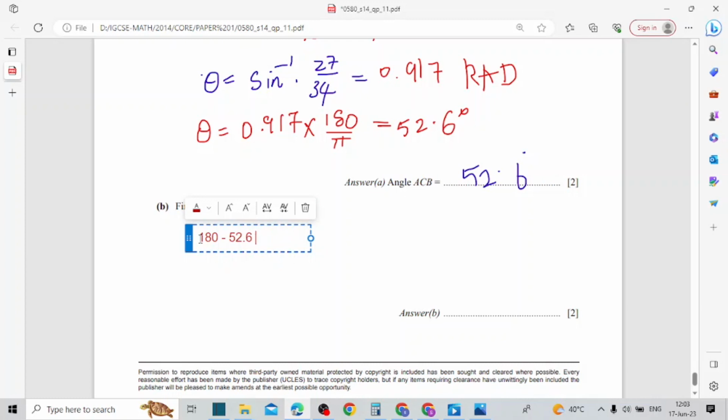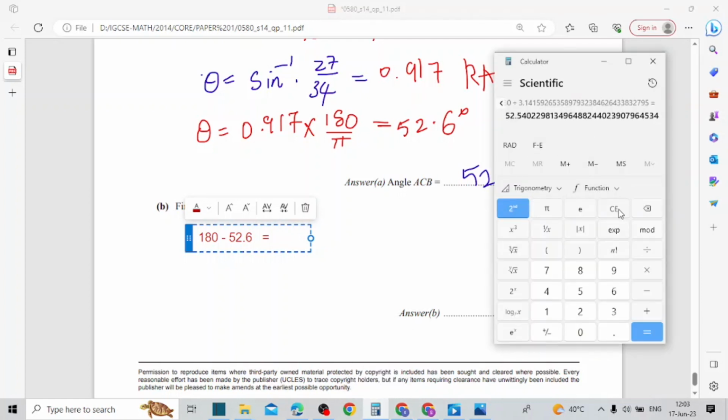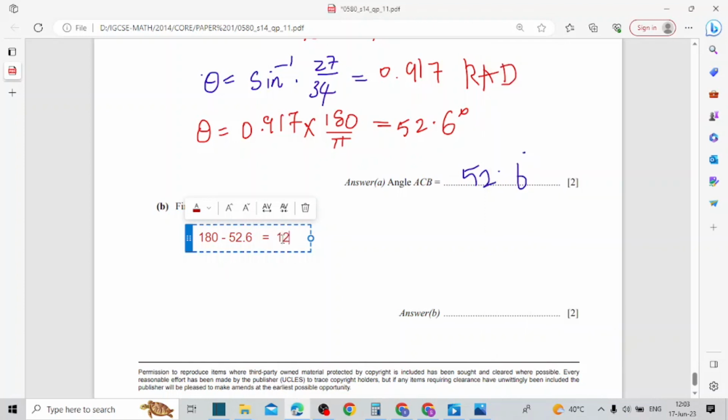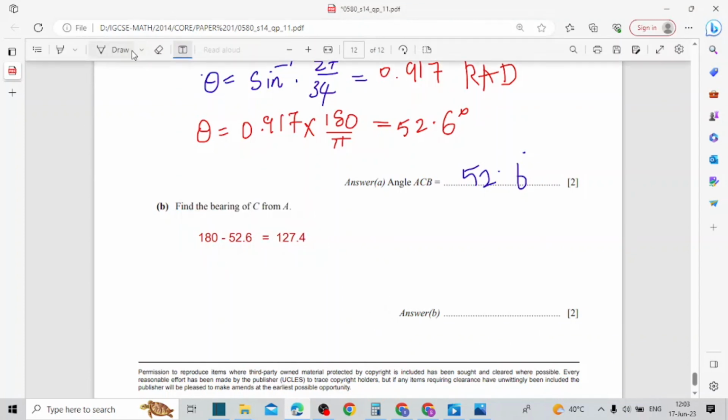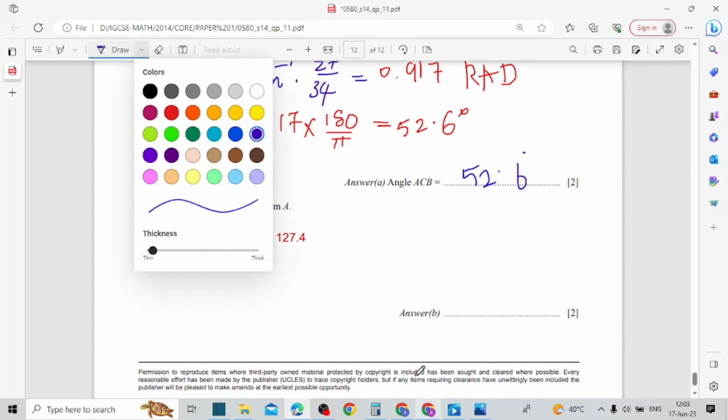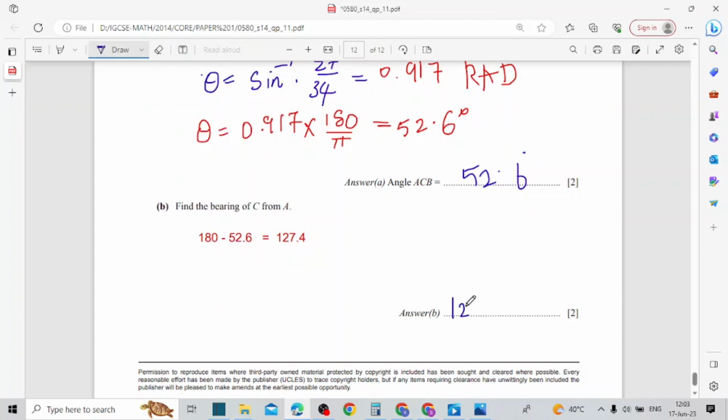Let me find it in the calculator. 180 minus 52.6 is 127.4. So we write the final answer as 127.4 degrees.